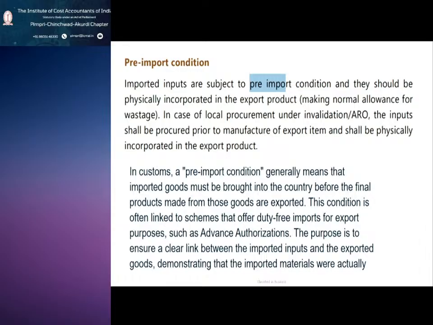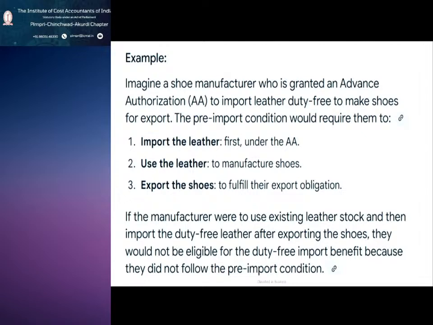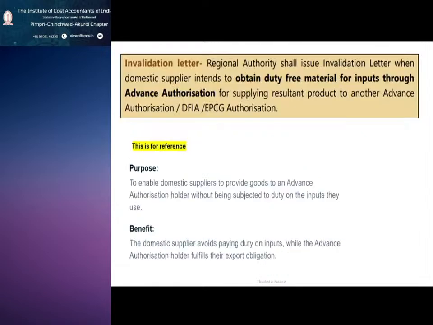Now we will go to the invalidation letter. What is the meaning of invalidation letter? Who issues the invalidation letter?